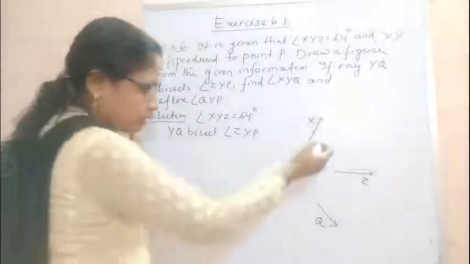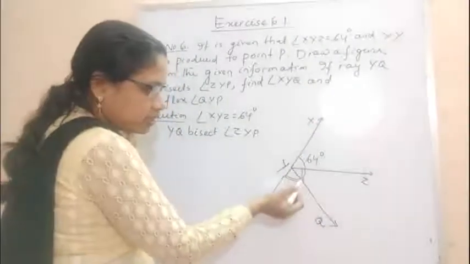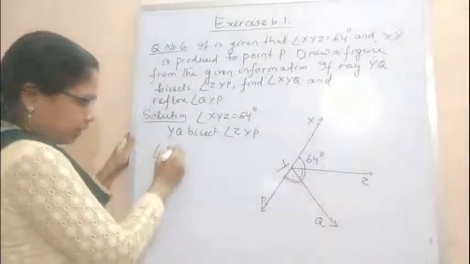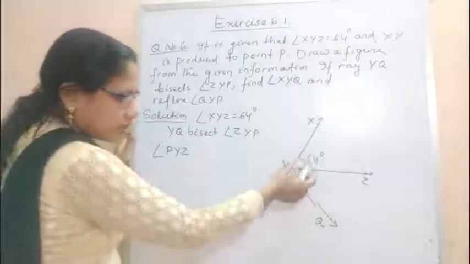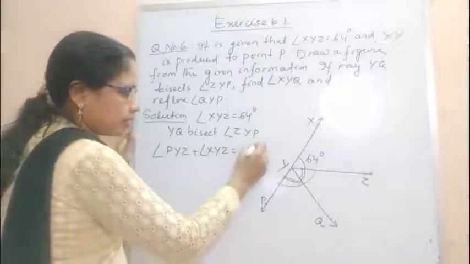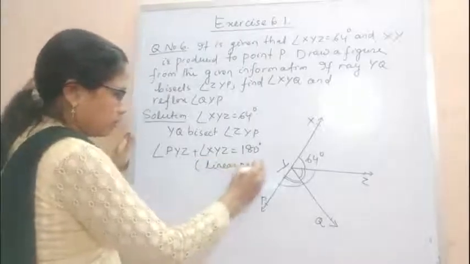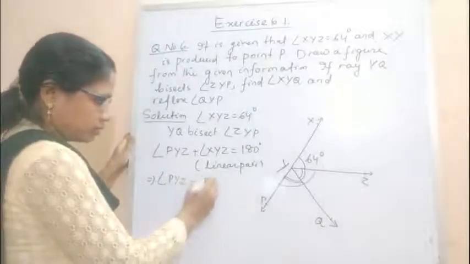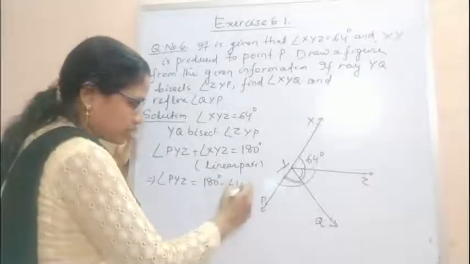So to find XYQ, we need ZYQ. So what is angle PYZ? Angle PYZ plus angle XYZ is equal to 180 degree. Yes, they are linear pair. So this implies angle PYZ is equal to 180 degree minus XYZ, that is 64 degree.